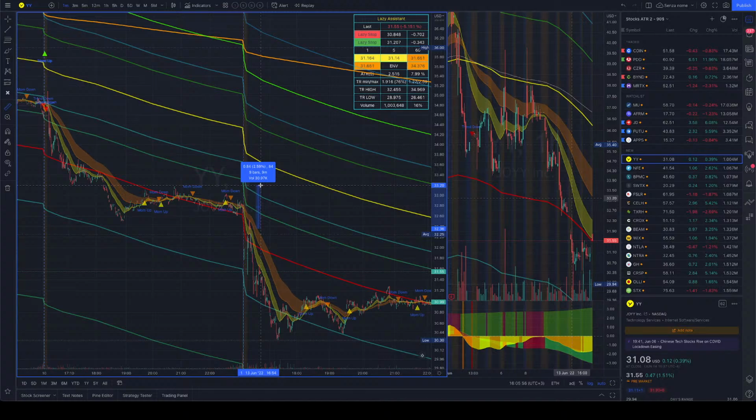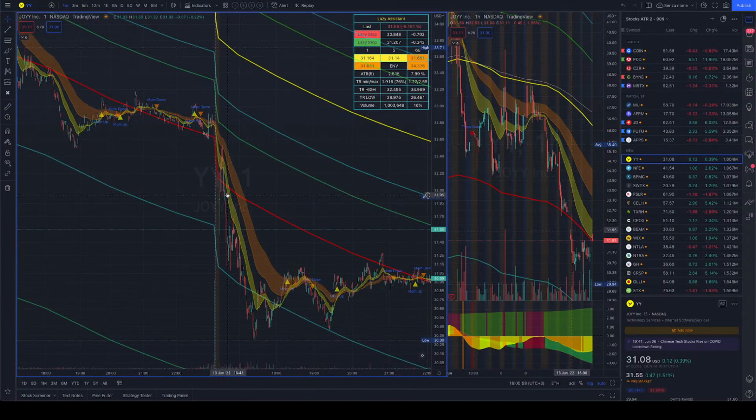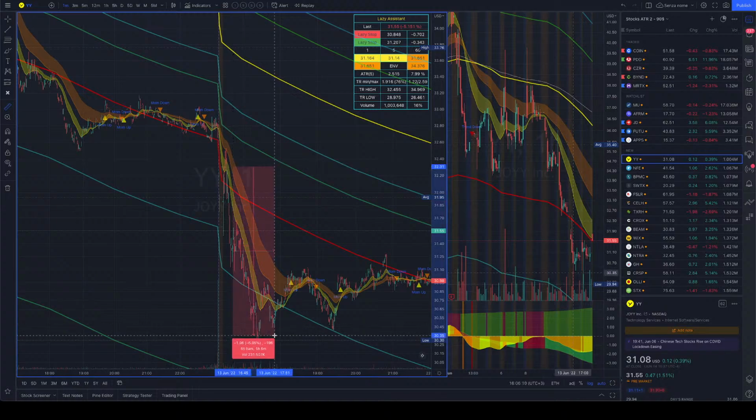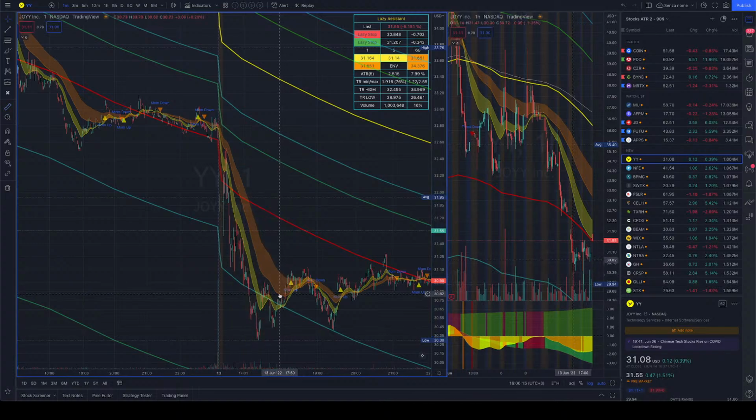So an acceptable loss. But of course, you can see that we're still in a quite strong downtrend. And if we would enter here, almost $2 possible profit. So a 1 to 2 trade. Quite nice.